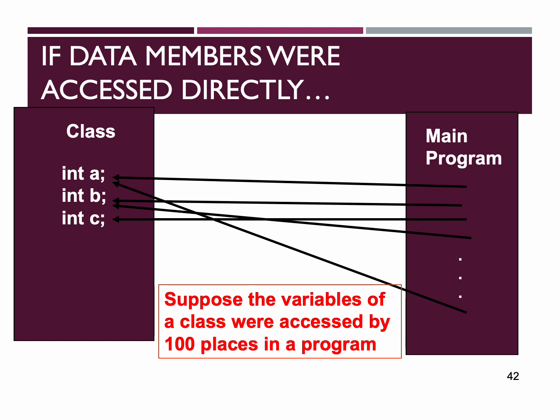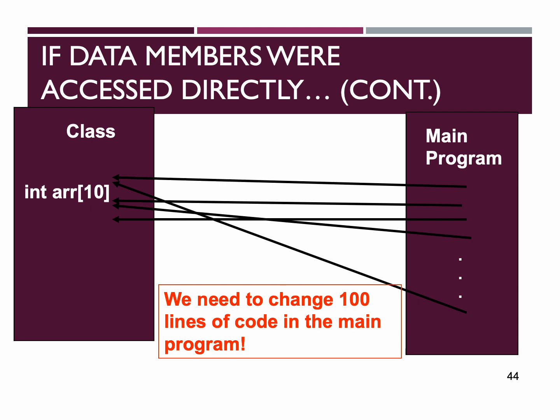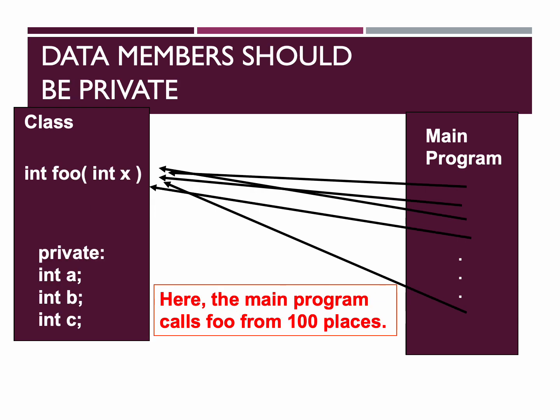If it's accessed from 100 places in a program, let's say, then we have to change 100 lines of code in the main program. Here the main program calls foo from 100 places, you see.